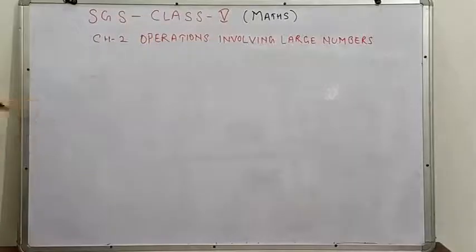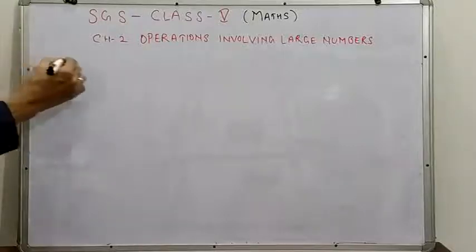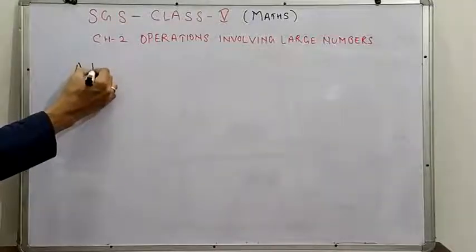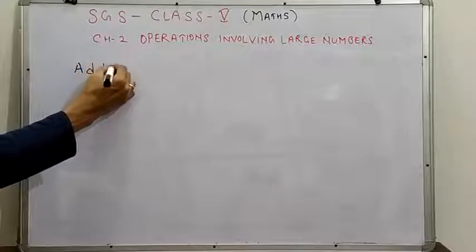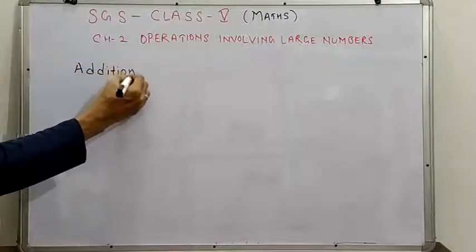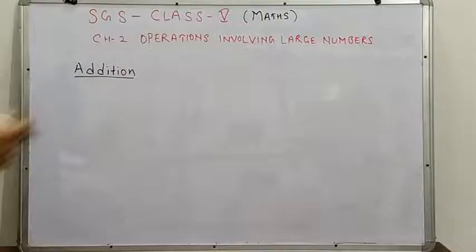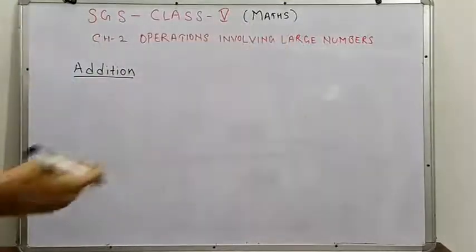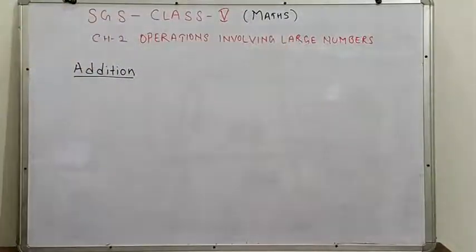What is an operation? The symbol given between two numbers, that is either addition, subtraction, multiplication or division, is called an operation. So first we are going to learn the operation of addition. Okay, the chapter itself tells what types of operations are involved.